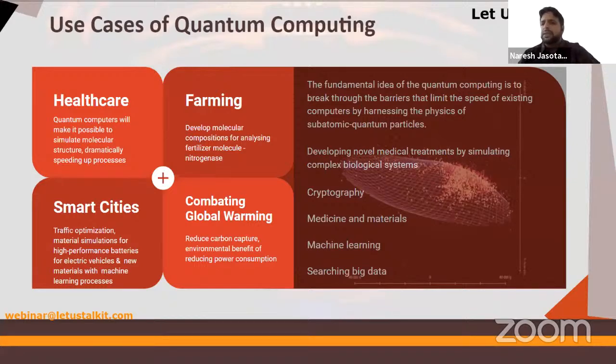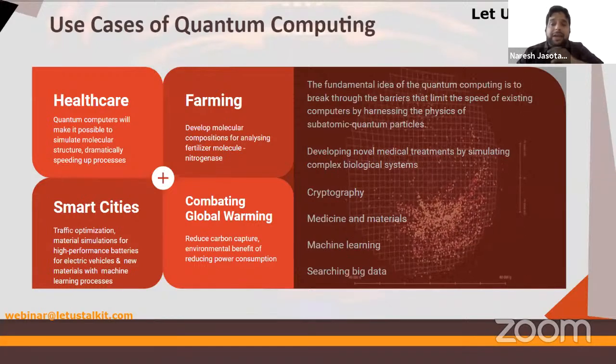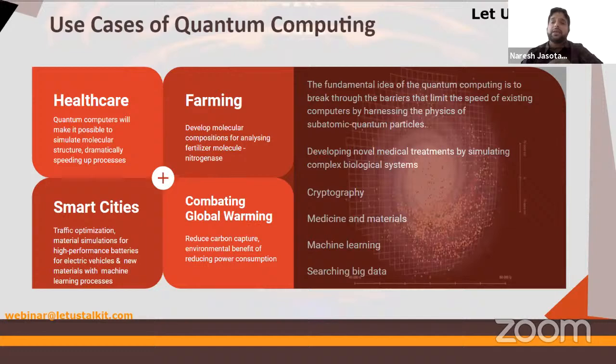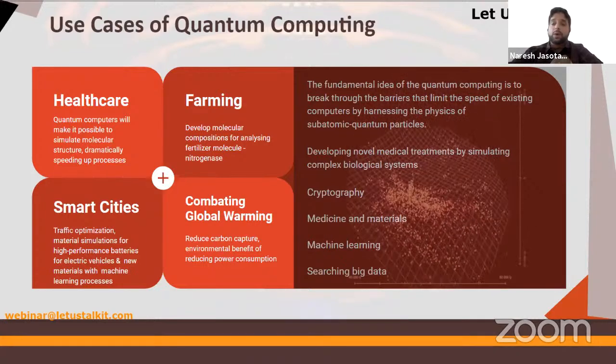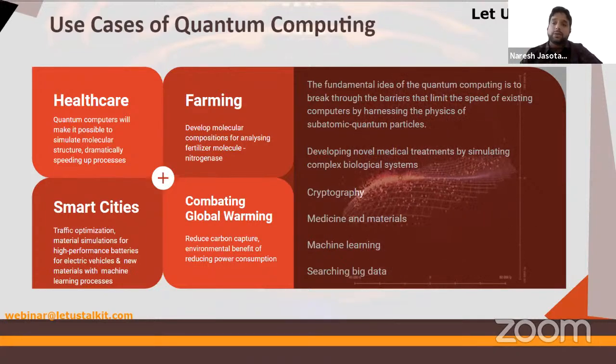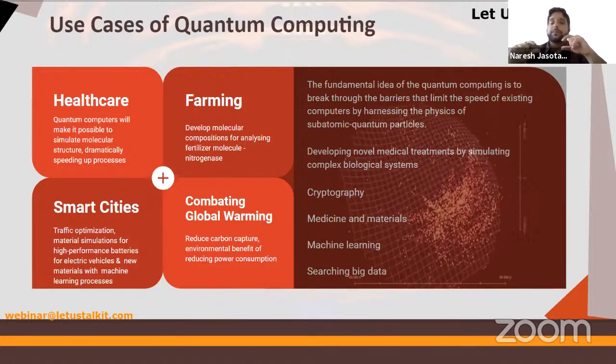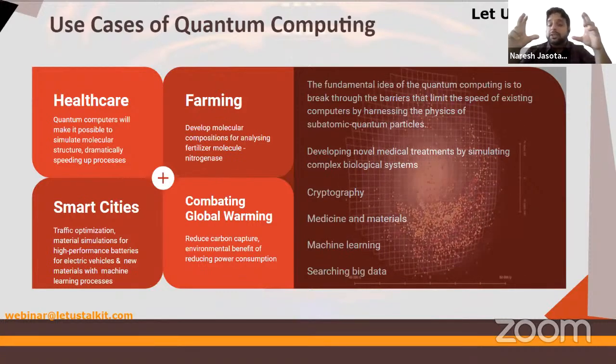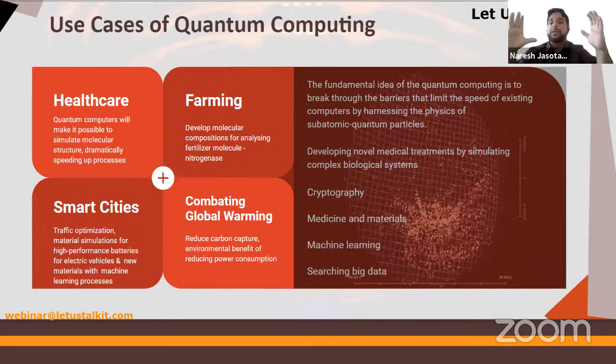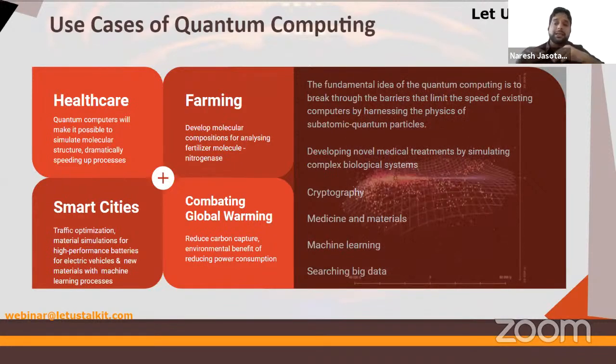Now the question is, will the classical computers that exist today cease to exist once quantum computing takes over? Probably not. Somebody told me a very interesting thing. You have pictures and you have captions. Think of pictures as quantum computers and captions as classical computers. They complement each other.